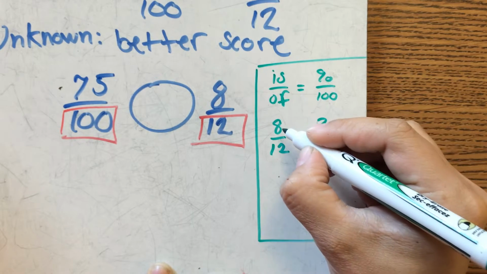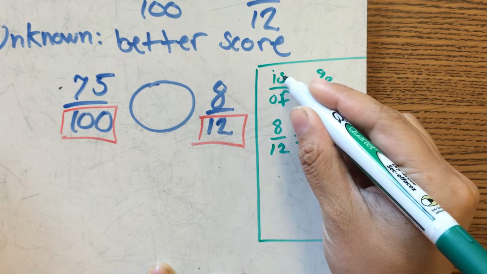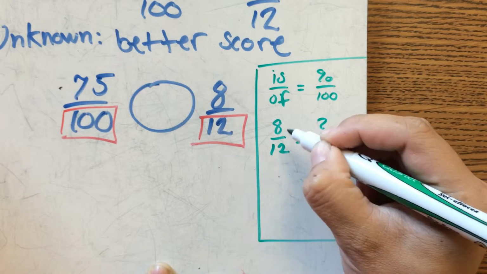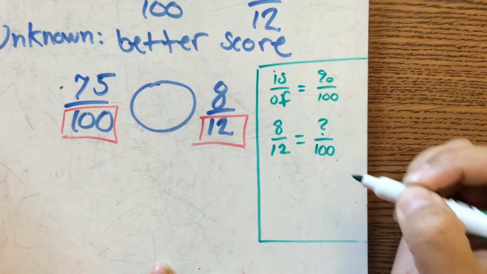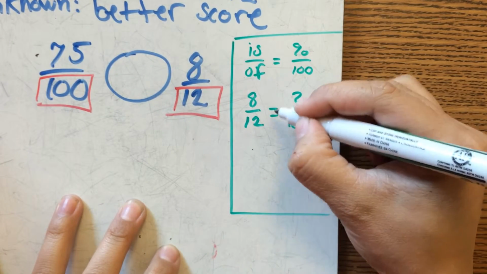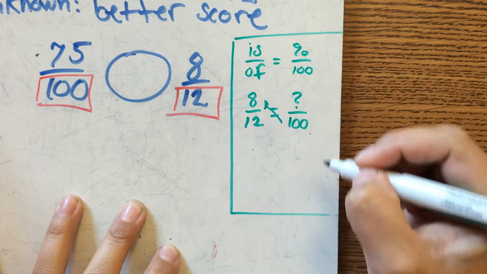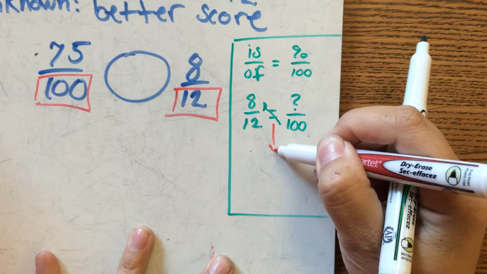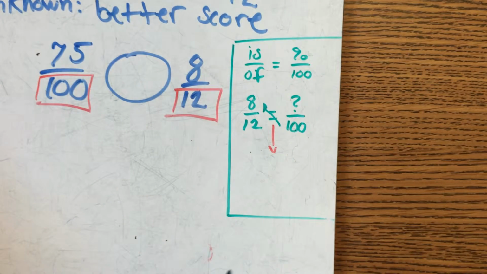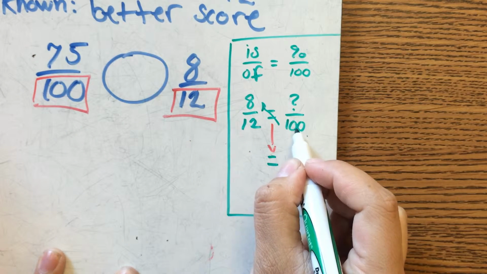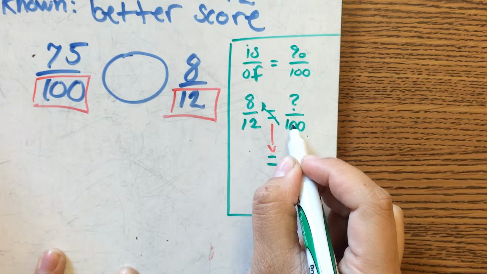To do this, we cross multiply. The 100 comes over here. Don't forget, anytime you do this, you copy the equal sign exactly underneath where it started from to keep everything lined up.